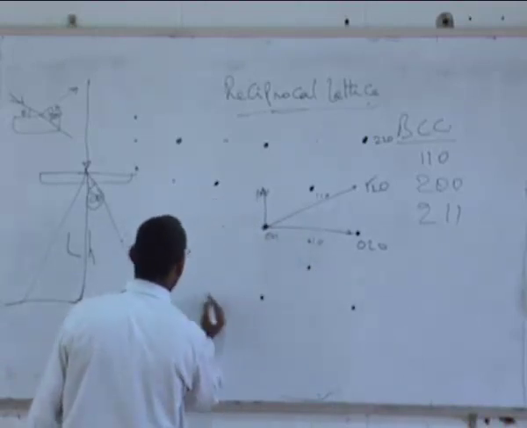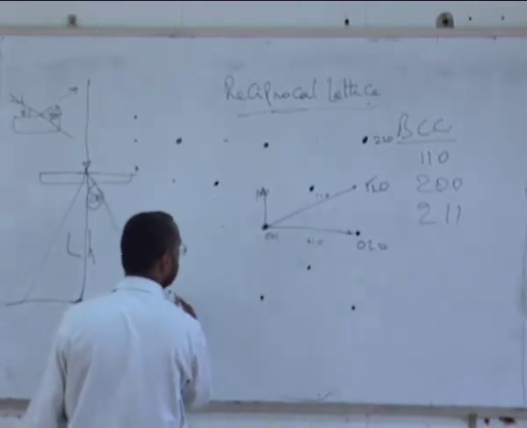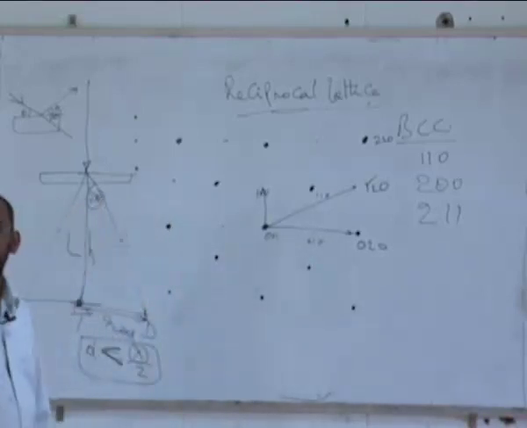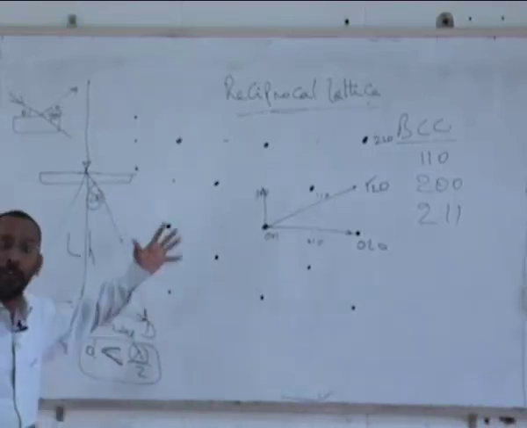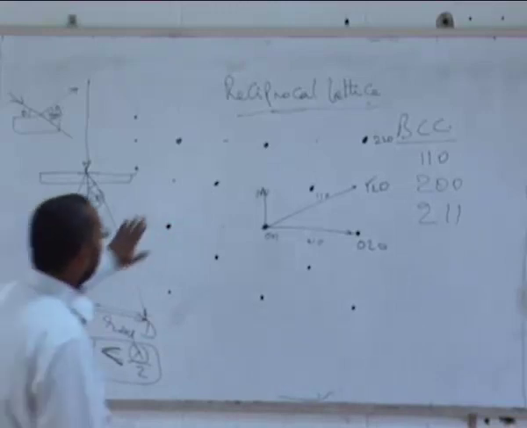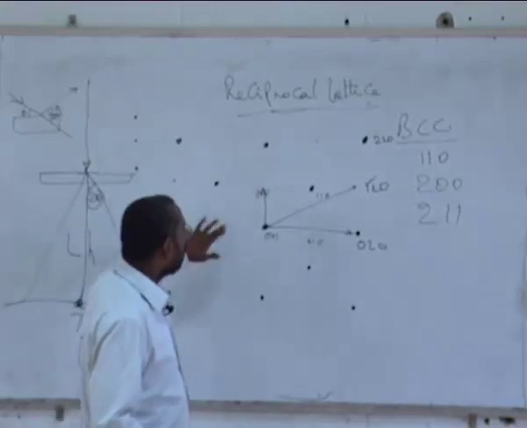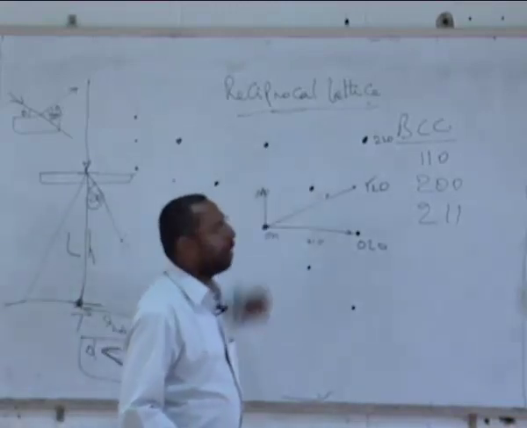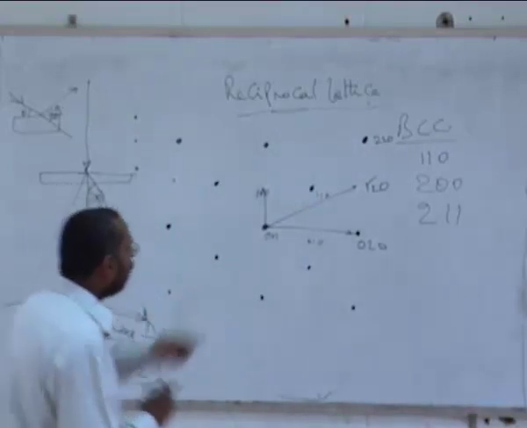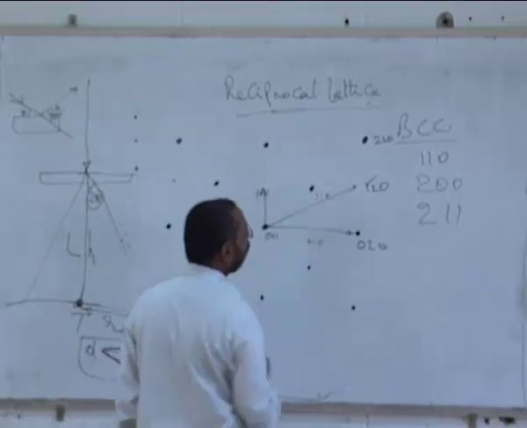I will have one here, one here. Right? If I look at this carefully, and if I do this in 3D, if I look at all the diffraction spots, remove all those which do not form diffraction, can I now index all of them? I know that this is 110.